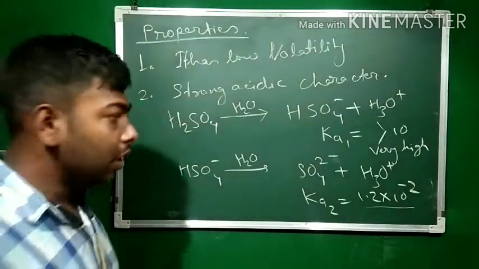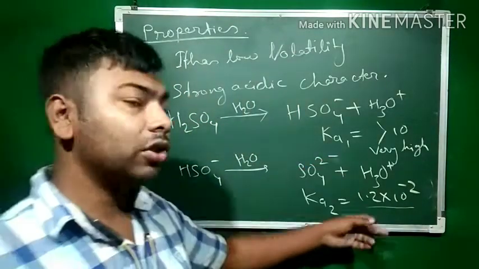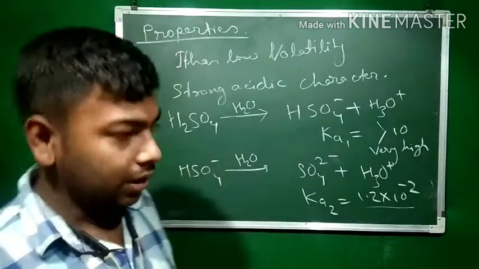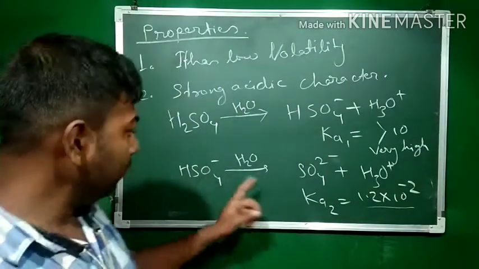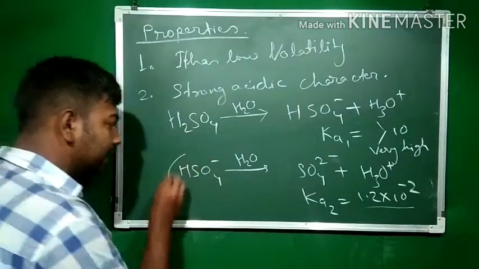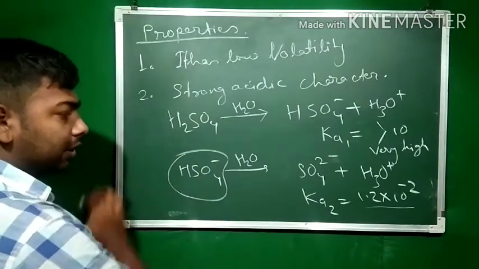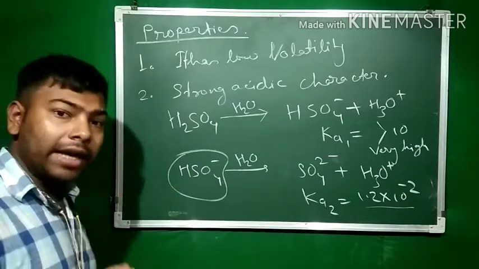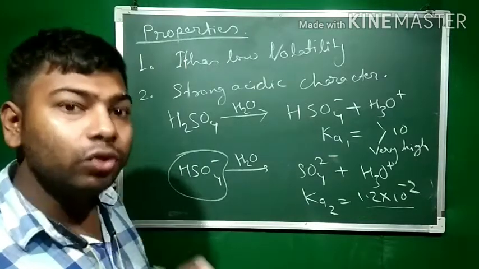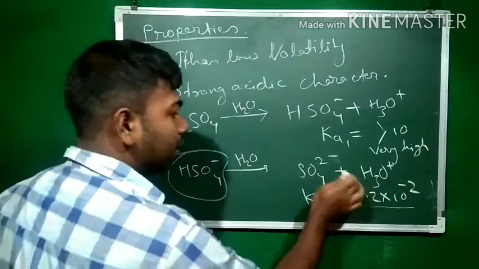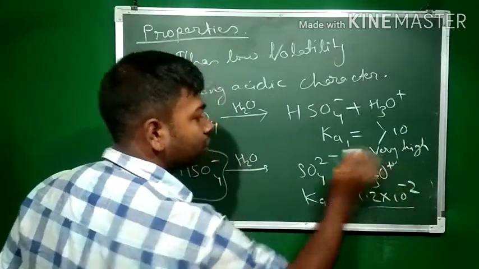Now why is it high or why is it low? The question arises. The reason is the negative charge on this species, so it has less tendency to donate a further hydrogen to produce H3O positive.